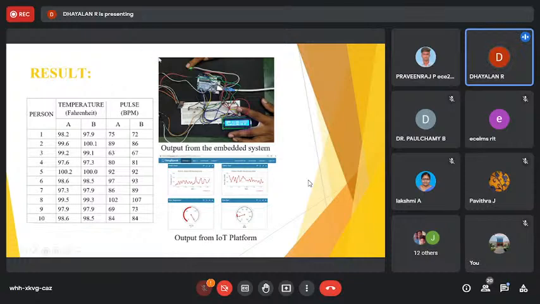This is the embedded system that we used for getting the results, and we could see the results on the LCD display. Through the Wi-Fi module, the results are transmitted at 15-second intervals to the IoT platform, ThingSpeak, which has an API key specific to each and every candidate. The results are stored there for future reference too.